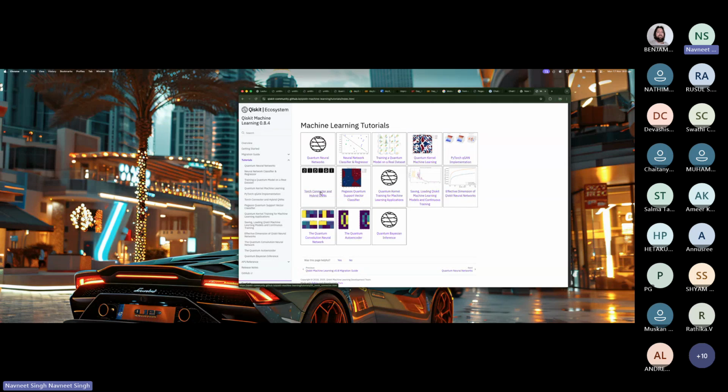This one will teach you how to create purely hybrid models. This is the advanced Pegasus version of QSVC. This is your kernel training mechanism. This is how to save or load your model. This is how to know whether your model is showing overfitting or underfitting.